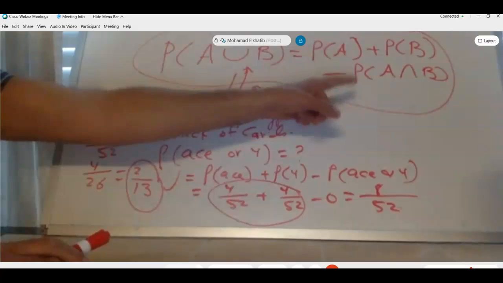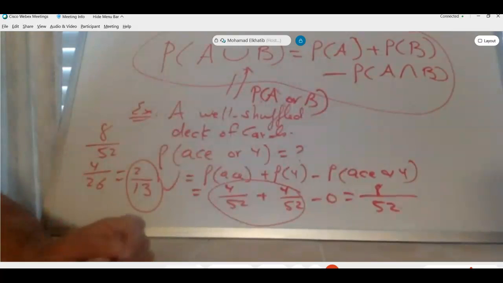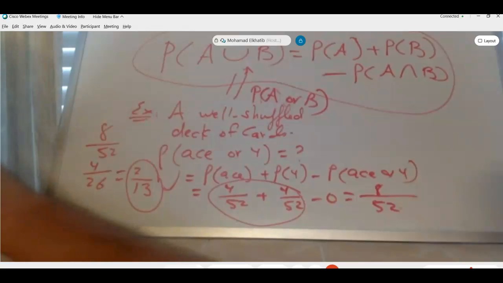So what do we mean by what's common between A and B? Pay attention, class, so you understand it. Let's say you have a face card. What are the face cards? The jacks, the queens, and the kings. And let's say you have spades. Is there anything common between the spades and the face cards?